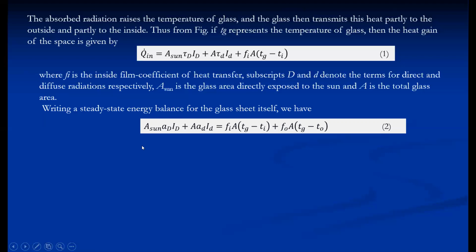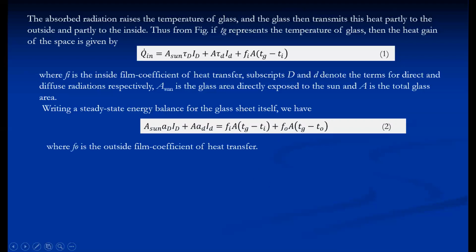This component is the radiation absorbed by the glass due to direct or beam radiation, plus the radiation absorbed due to diffuse radiation. This is equal to the heat dissipation. Some heat is dissipated to the inside area; this component is the heat dissipation due to convection from the inside surface. The second term is the heat dissipation due to convection to the outside area.